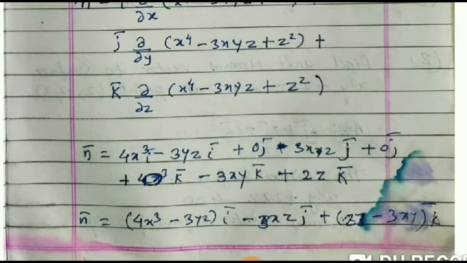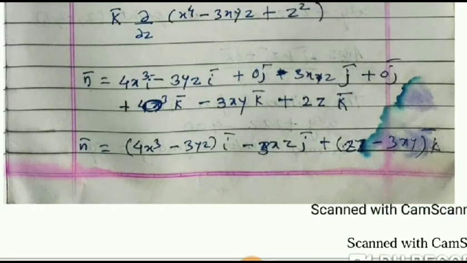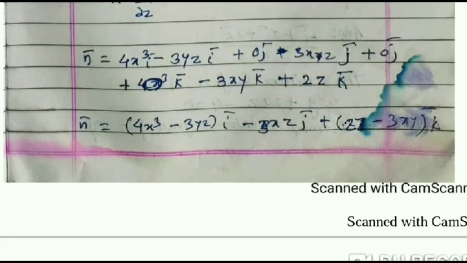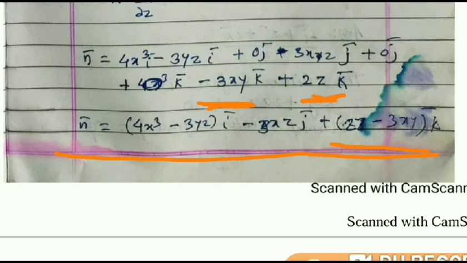So these are the partial derivatives of the function phi with respect to x, y, z. Finally we get the value of n bar: 4x cube minus 3yz times i bar, minus 3xz j bar, plus 2z minus 3xy, taking k bar common.